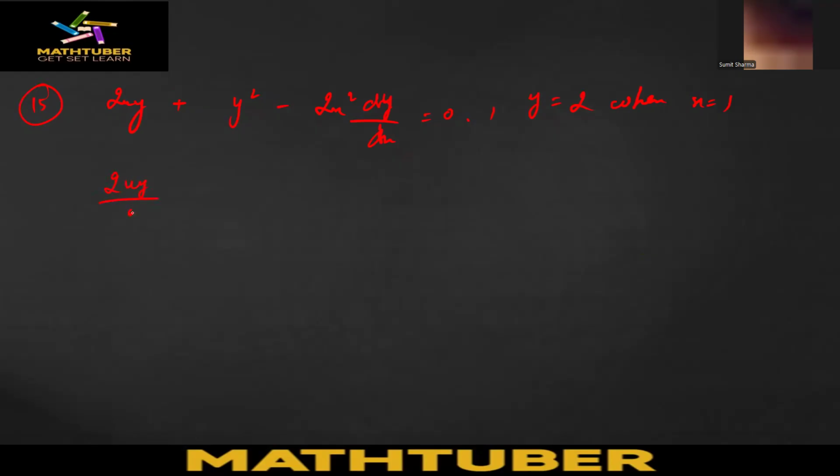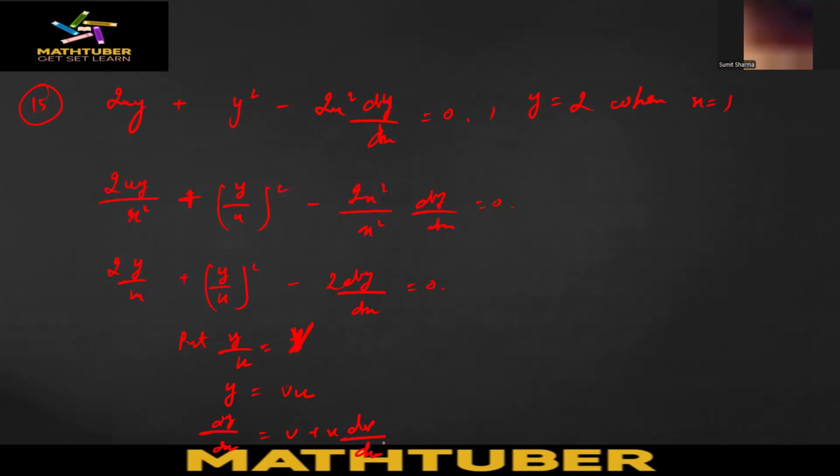So 2xy upon x square plus y upon x whole square minus 2x square upon x square into dy by dx equal to 0. So you will get 2y by x plus y by x whole square minus 2 dy by dx is equal to 0. Now put y by x is equal to v, so y is equal to vx and dy by dx will be equal to v plus x dv by dx.